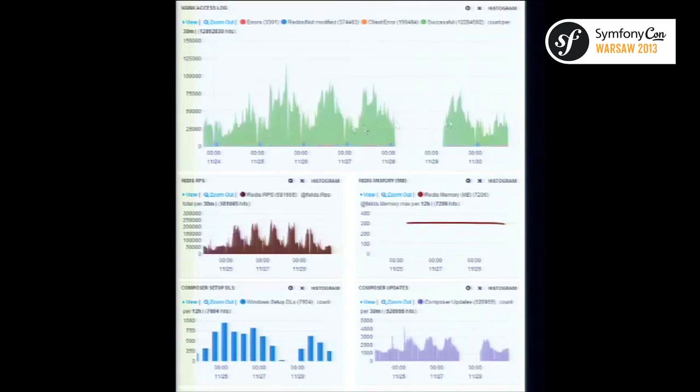I did these screenshots a few weeks ago, so now it's much more stable. No, actually, I think this one wasn't a full outage because, as you see, there's data on the Redis one, and this one is a process input, so it polls every second or something for the amount of requests.